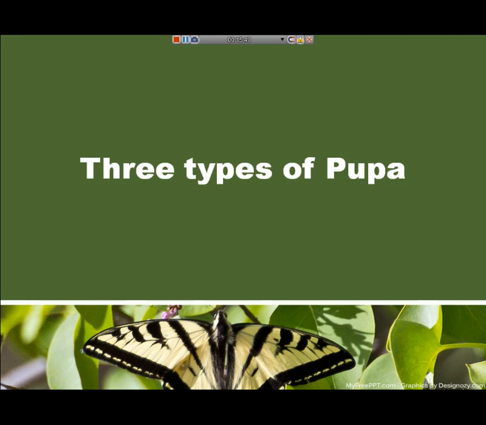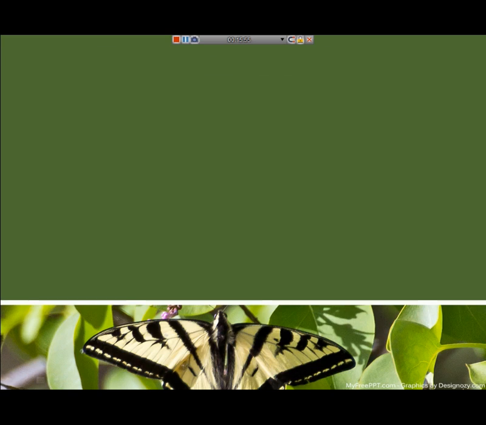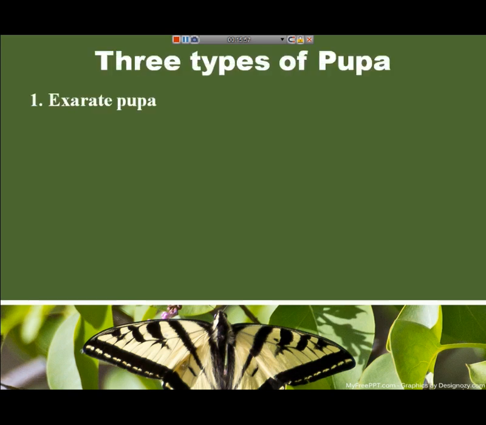Let's discuss the different types of pupa. First is the exarate pupa. This is a very common type of pupa and is found in almost all holometabolous insects, except Lepidoptera.